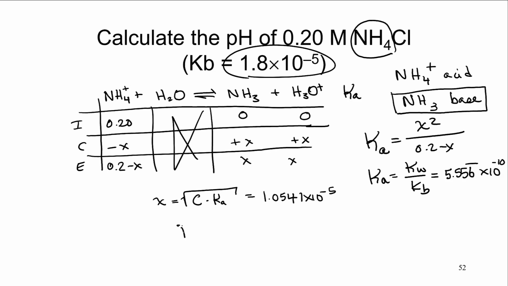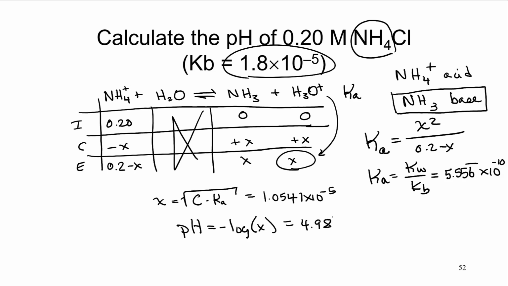That means my pH, again, is equal to negative log of x, because this is a hydronium generating reaction. It's a Ka reaction. So x is the hydronium concentration. That's going to be equal to 4.98.